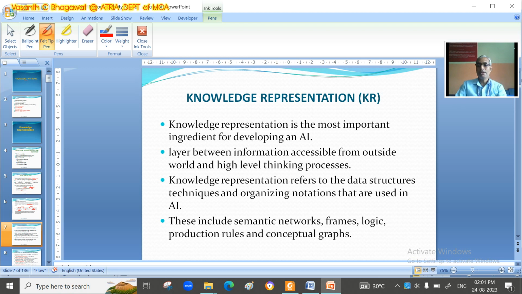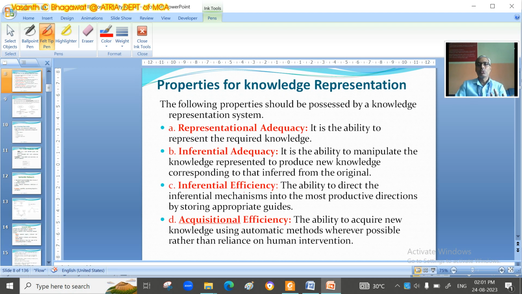We have seen some of the knowledge representation schemes, and we also discussed a few very important properties of knowledge. Say you have built a knowledge based system which is very good, how do you compare it?